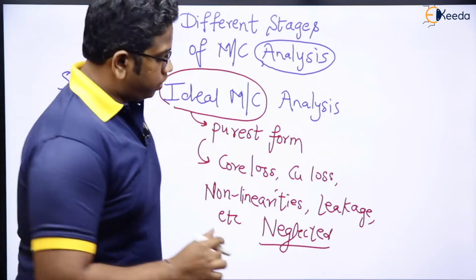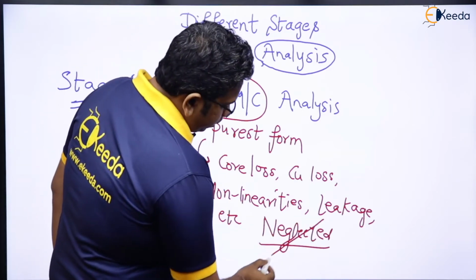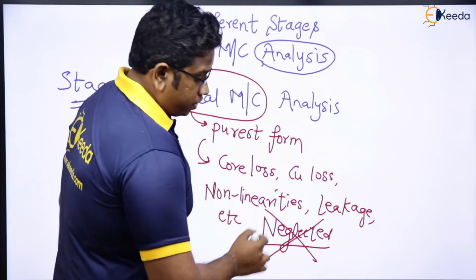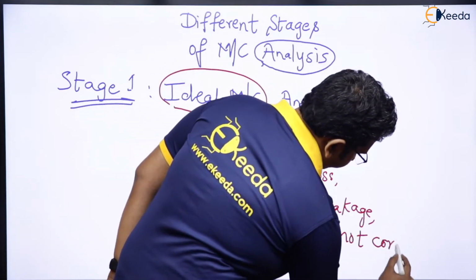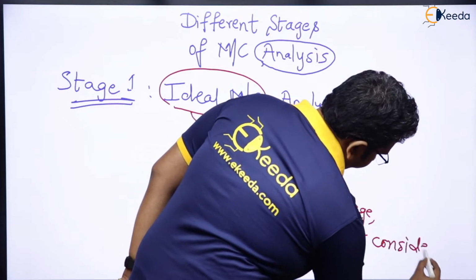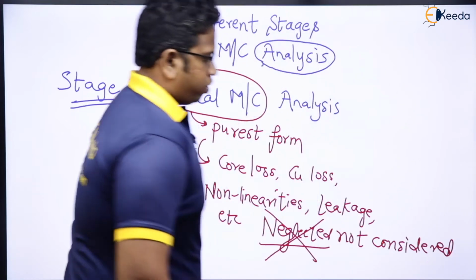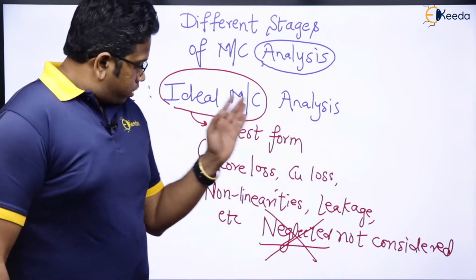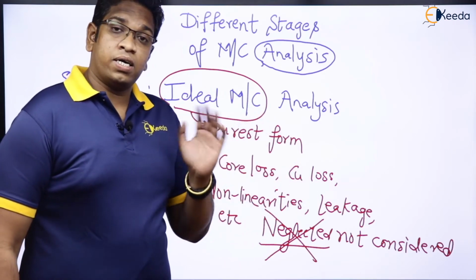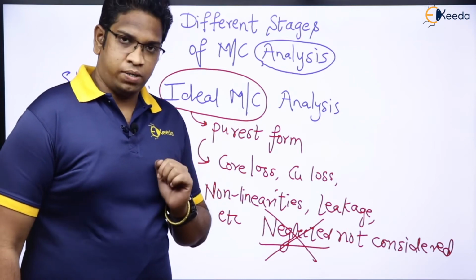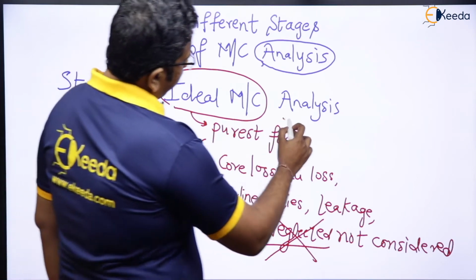That is the reason I am not going to say that they are neglected. Rather, I am going to say that they are not considered. So in the ideal machine, core losses, copper losses, leakage, non-linearities, etc. will not be considered.